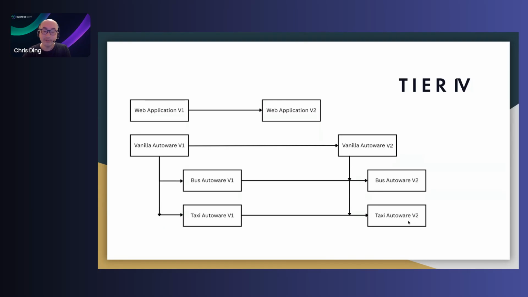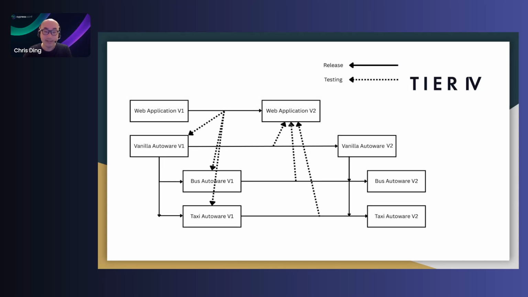And taxi Autoware v2 also has a new version now, and is built off of the vanilla Autoware v2 and the taxi Autoware v1. So as you can see, the different types of Autoware use the common components every release, so that there's not that much duplicated development effort. But anyway, the problem is that we have to do a lot of testing.